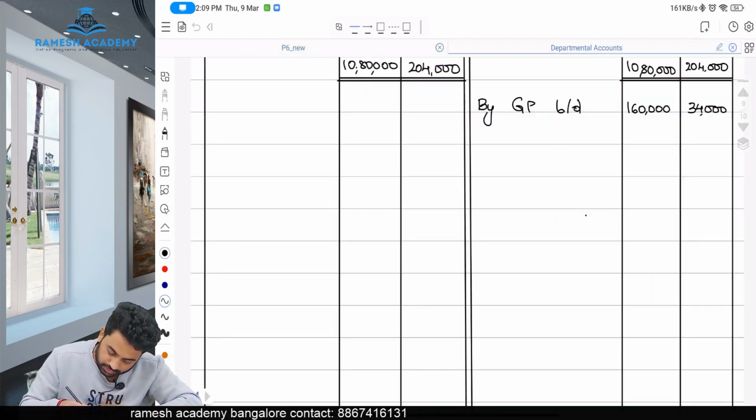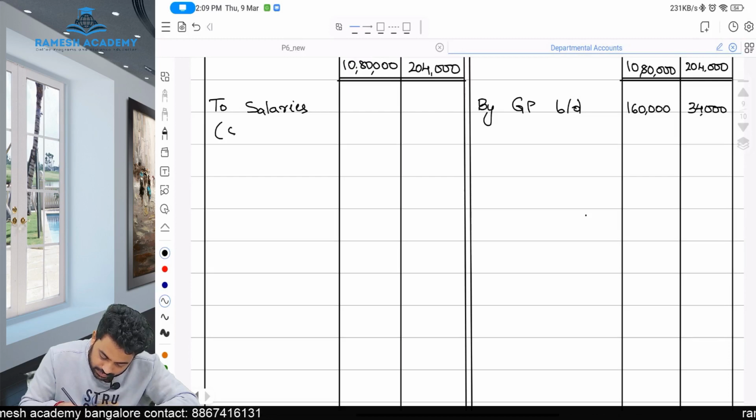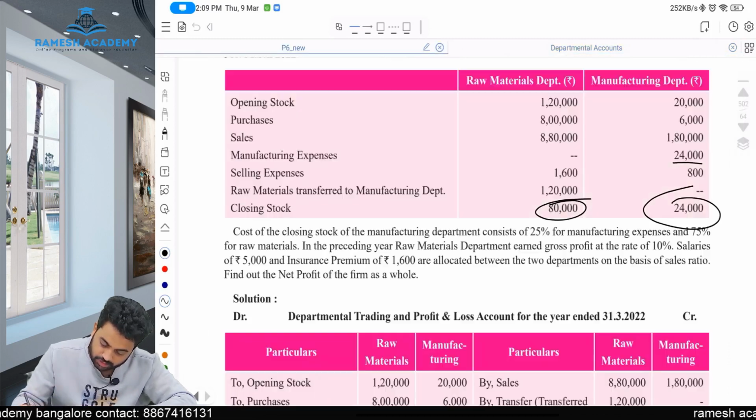So to salaries, sales ratio. What is the sales ratio, guys?